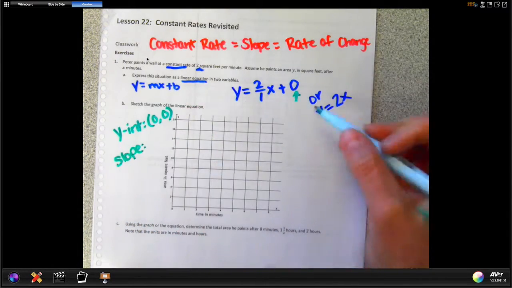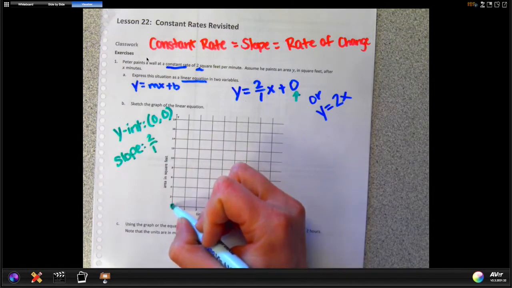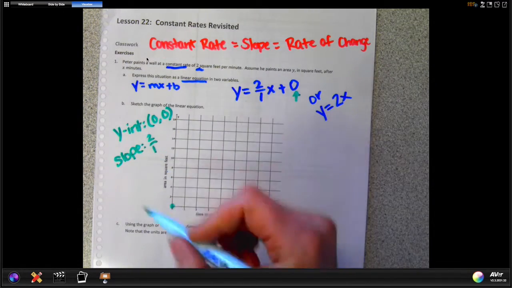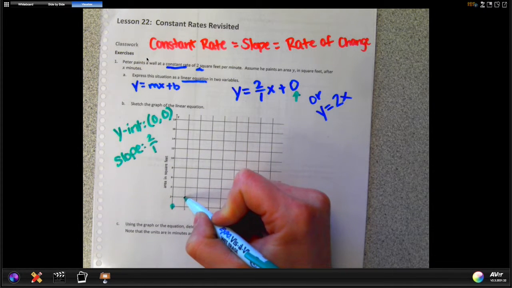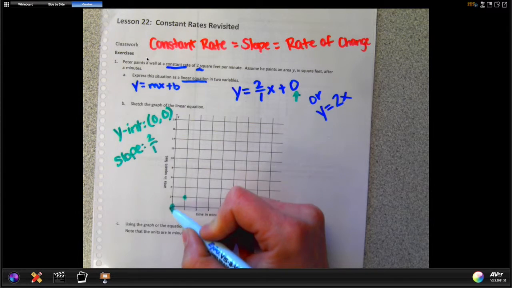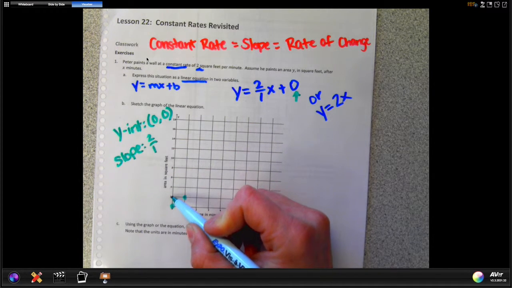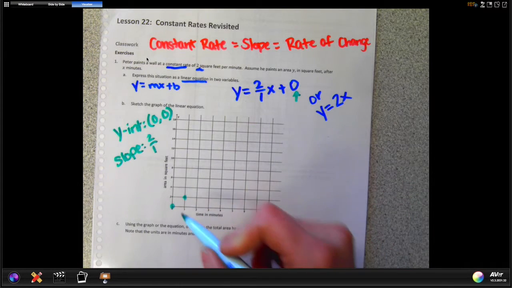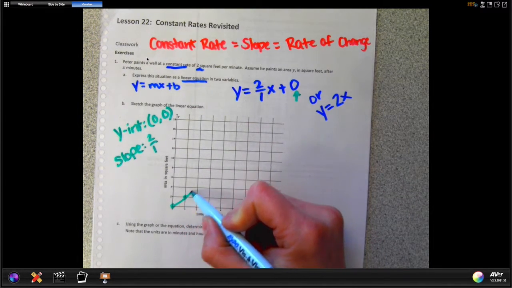So our slope was 2 over 1. So we're going to start at 0, 0, and we're going to make a dot there. And then our slope says positive 2, so up 2, and positive 1, so right 1. Notice that the scale is going by 2's here, which is why I actually only went up 1 square, but that counts as 2. And then we are going to draw a line as carefully as we can.